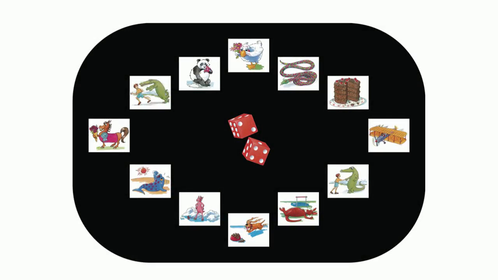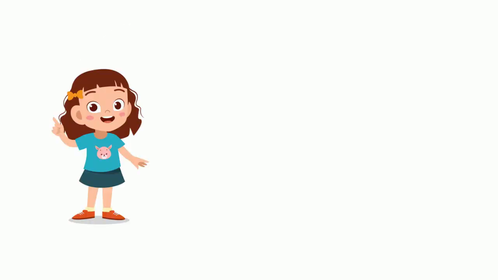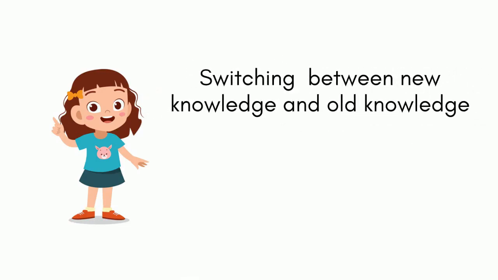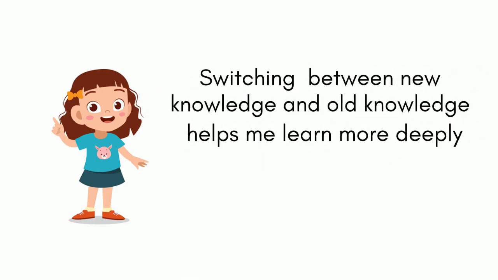Some cards in the racetrack would be for the new language target, but many of the cards would be for last week's target, last month's target, last year's target. In this way, the children are constantly switching between the new and the old. They are interlinking new knowledge with many different parts of their existing mental framework.